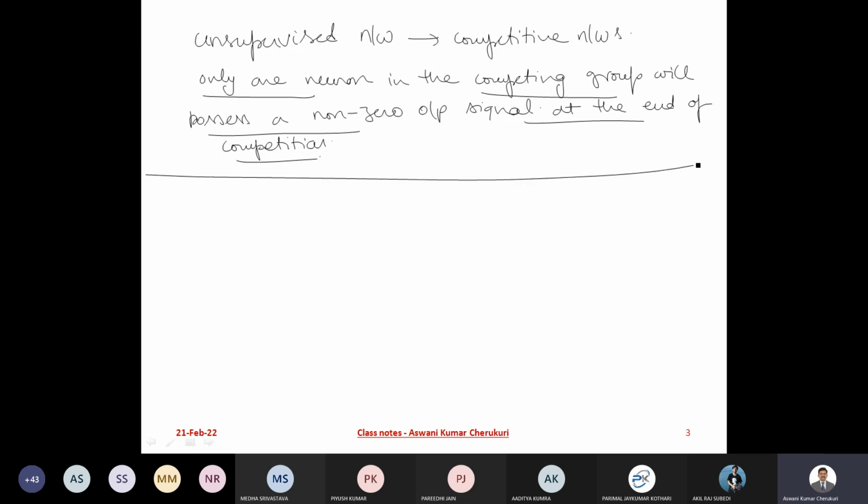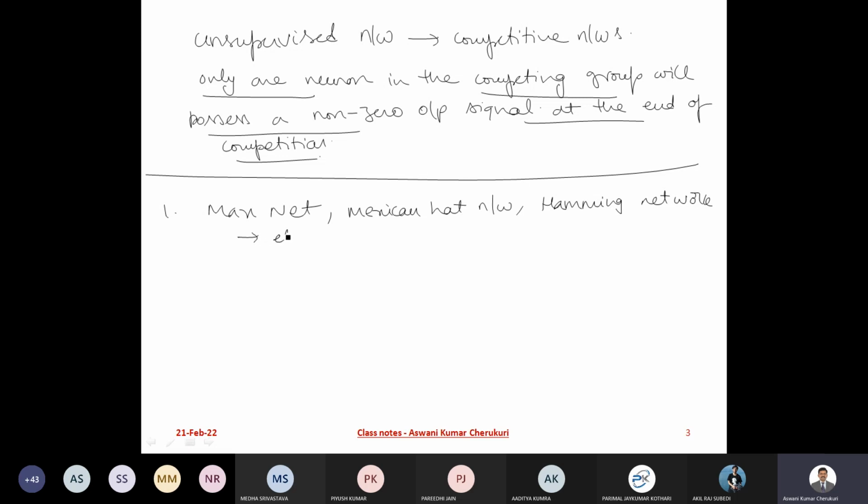Okay. Now in the competitive networks, you have various varieties of networks. First one is called MaxNet, or Mexican hat net, then Hamming net. These are all one category of competitive network.